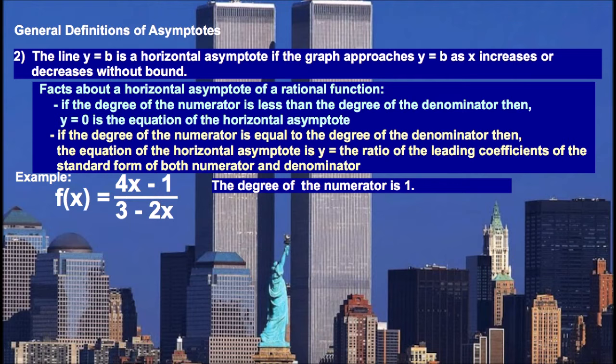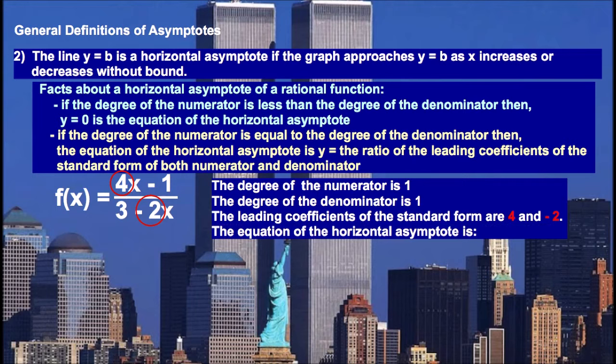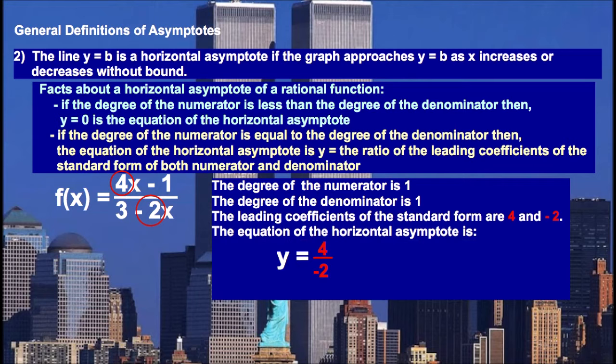The degree of the numerator is 1. The degree of the denominator is 1. And the leading coefficients of the standard form are 4 and negative 2. The equation of the horizontal asymptote is y equals 4 divided by negative 2, or y equals negative 2.